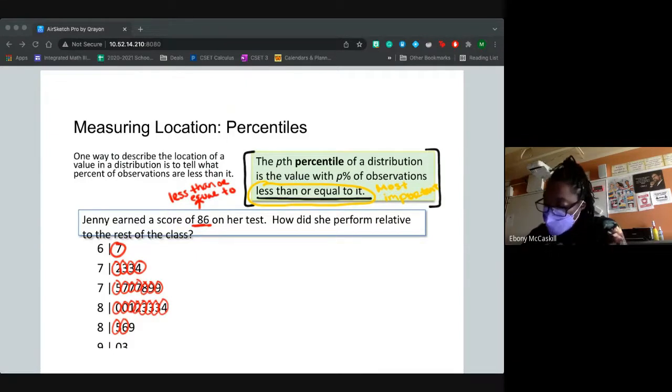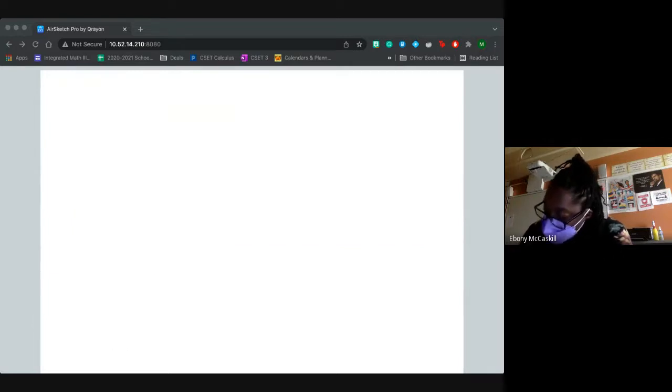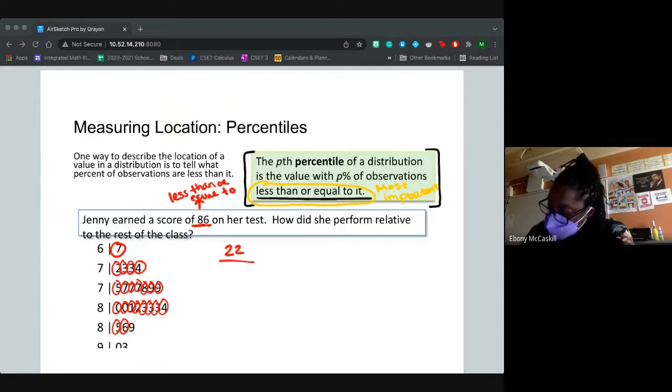So if I count my number of circles, I should have 22 circles. 1, 2, 3, 4, 5, 6, 7, 8, 9, 10, 11, 12, 13, 14, 15, 16, 17, 18, 19, 20, 21, 22. So I have 22. So next that means I have 22 over the total amount.